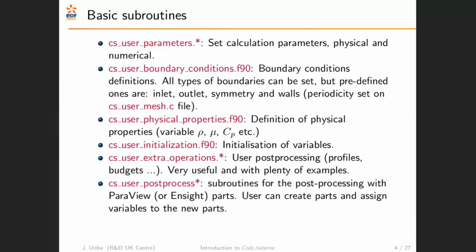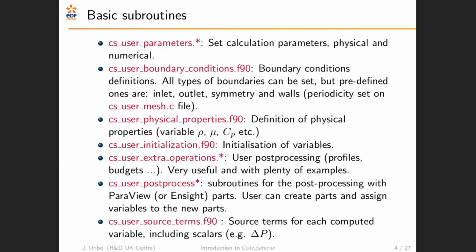And there are the CS user post-process subroutines, which are basically the ones that you will modify if you wanted to change any of the writers or the part that we were just discussing before. So you will create new parts. You can create new parts based on very complex functions.